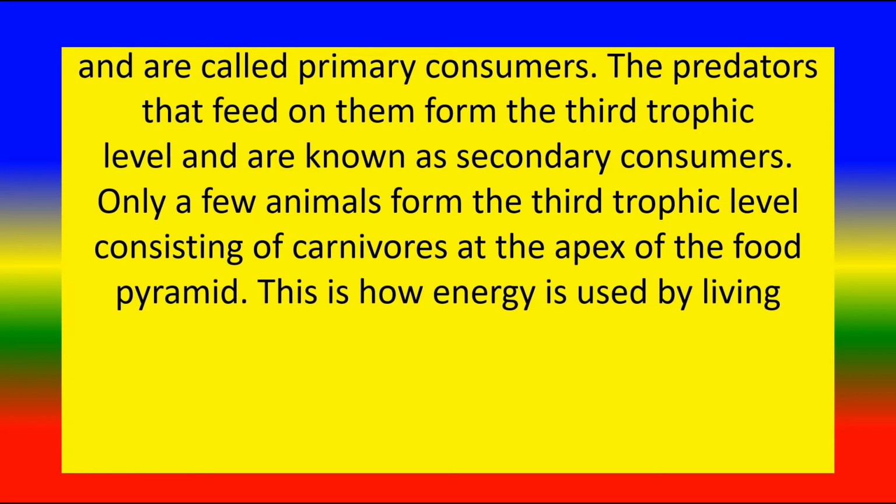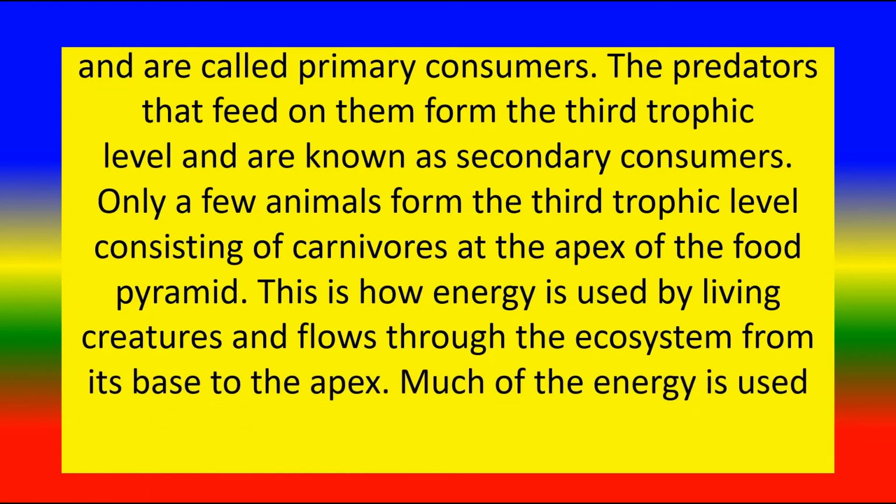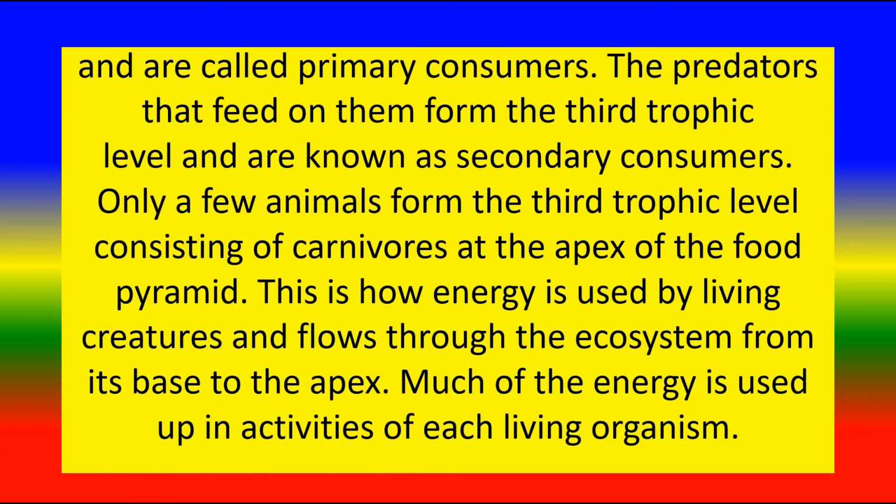This is how energy is used by living creatures and flows through the ecosystem from its base to the apex. Much of the energy is used up in activities of each living organism.